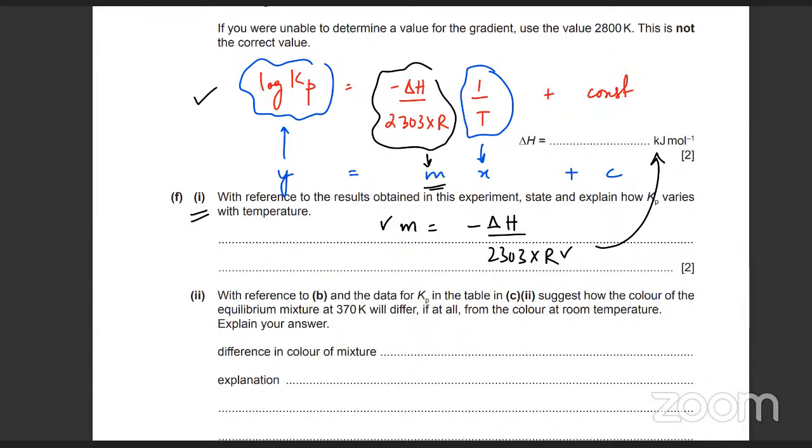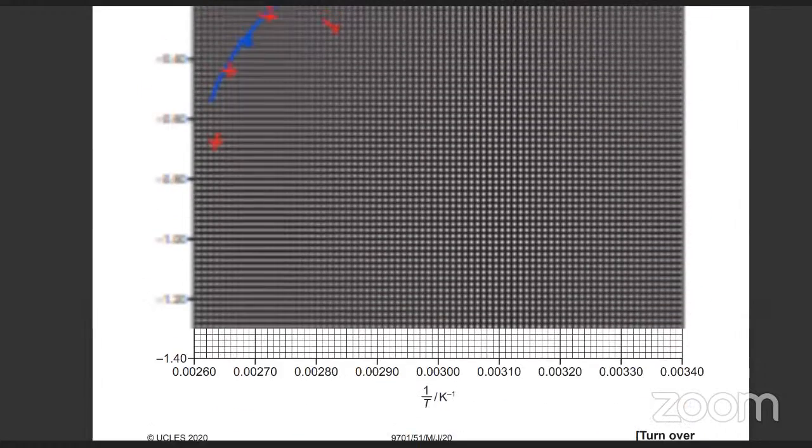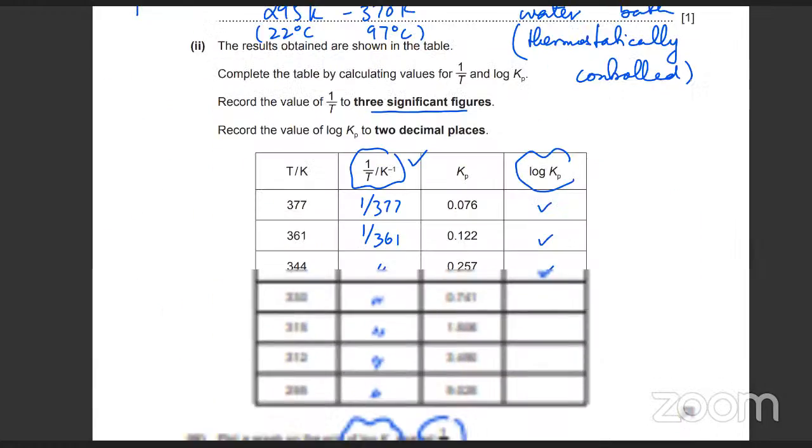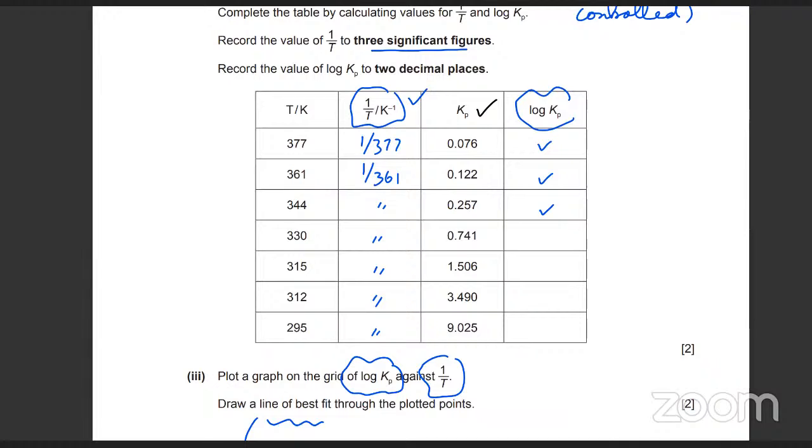I think that's given in the question. Where's the data? This one. Kp and temperature, right? Kp increases when temperature decreases. Is that clear? Okay. So it's an inverse relationship, that's right.